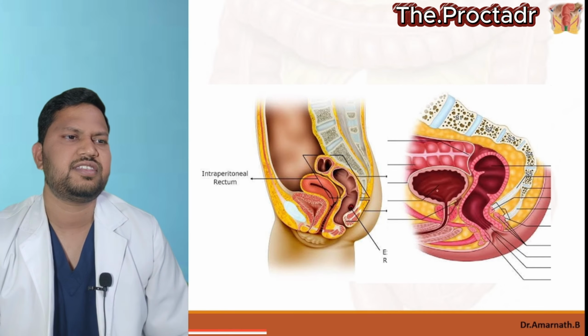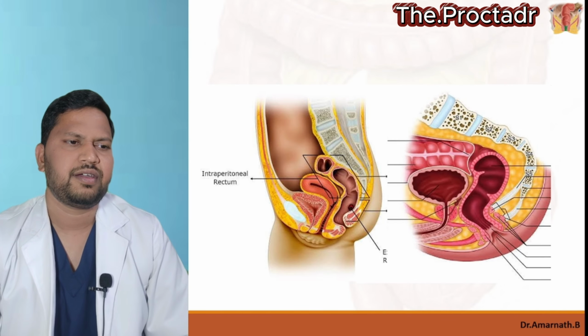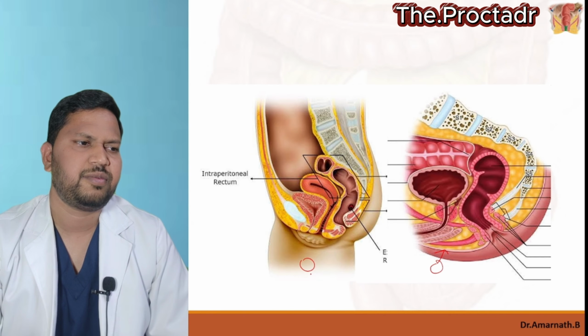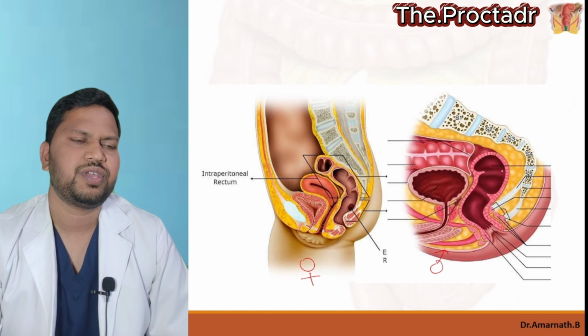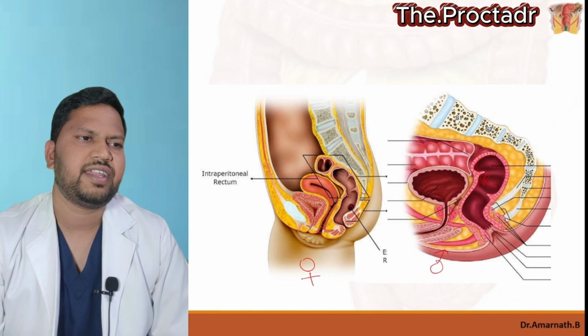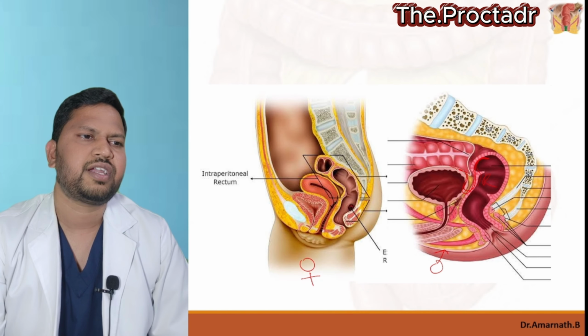If we see this image, this is the cross section of the male pelvis. This is the female pelvis. So here is the rectum. Anteriorly, one pouch is there, that is the rectovesical pouch. Vesicle means bladder.